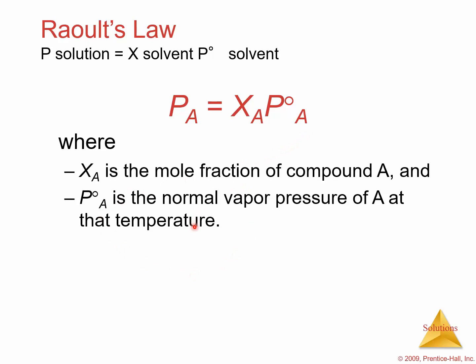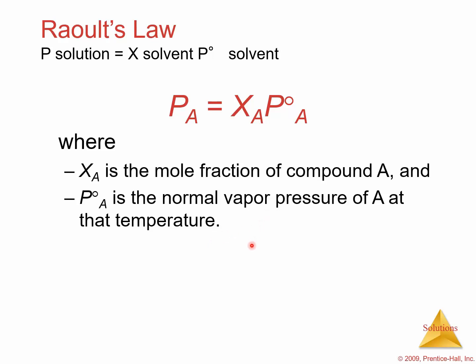As you can see here, for example, the vapor pressure of water is 17.5 torr at 20 degrees centigrade. Imagine holding the temperature constant while adding glucose to the water so that the resulting solution has a mole fraction of water of 0.800 and that of glucose of 0.200.